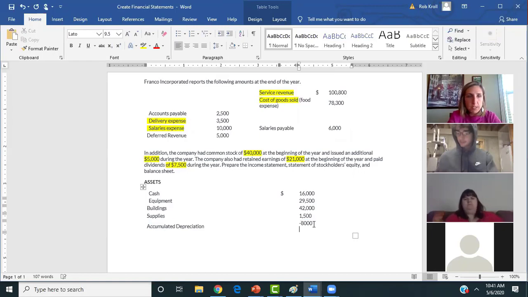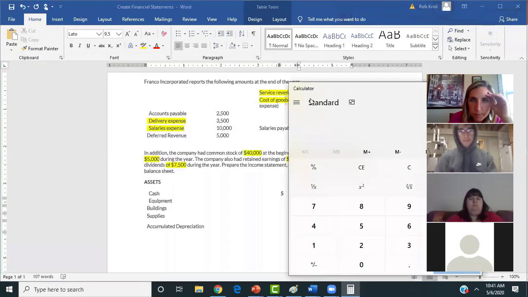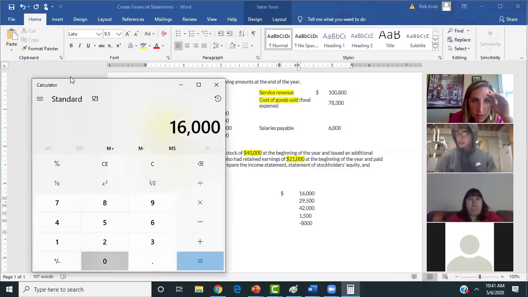So if I want to total up my assets, we're going to have to use a calculator real quick. Somebody probably already has that math in their head, maybe. 16,000 plus 29,500 plus 42,000 plus 1,500 minus 8,000.